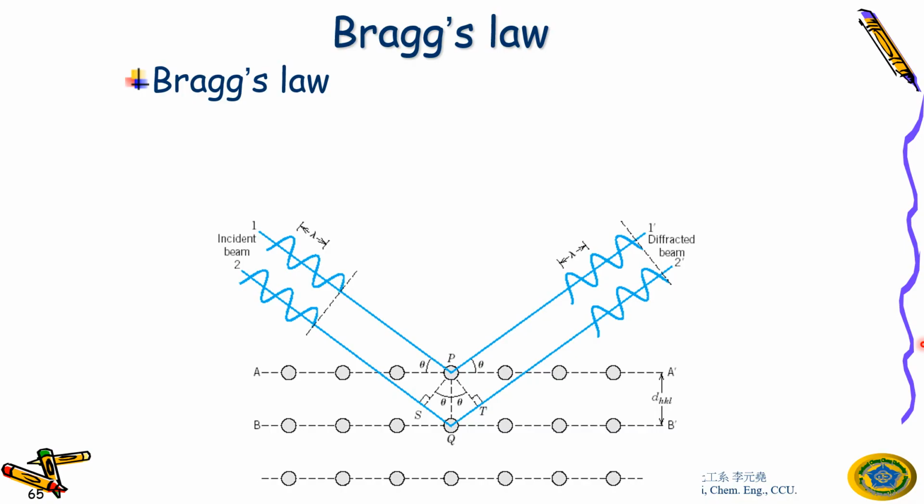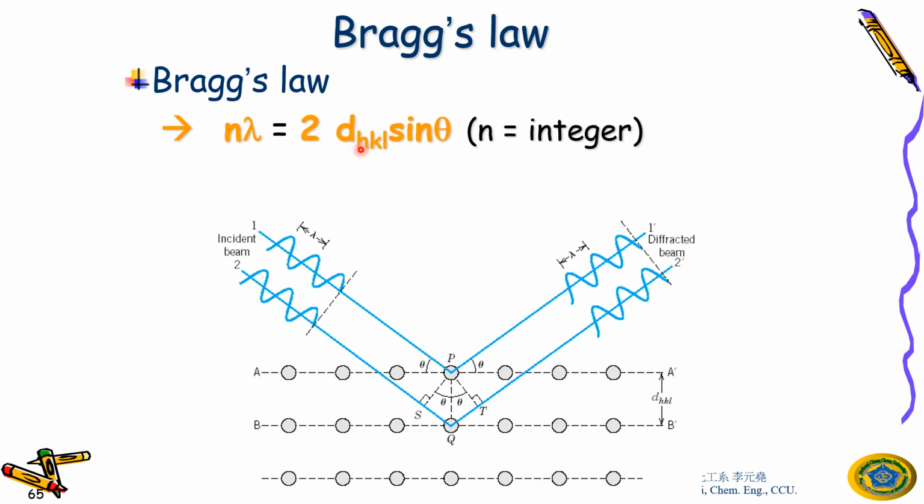Please remember this. This is what we call Bragg's law. Bragg's law is this one. The n is an integer number, can be 1, 2, 3, 4, but normally we use 1. In order to find out this spacing, all you need to know is lambda, the wavelength, because you can control this.